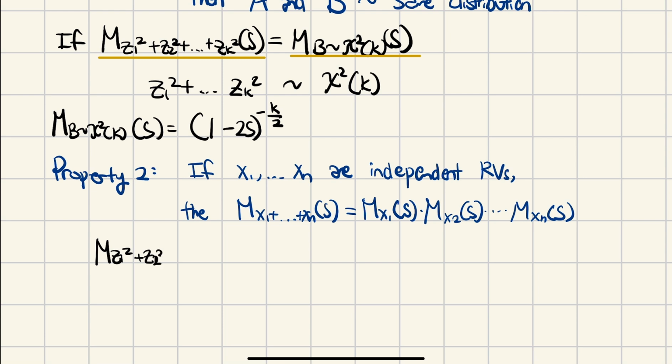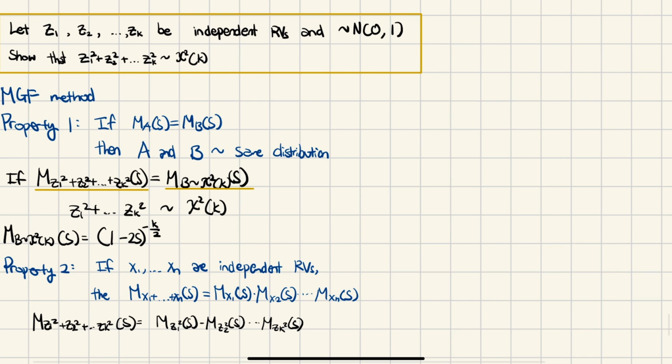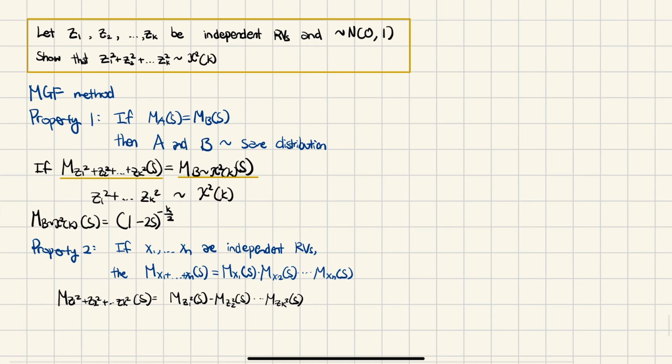moment generating function of z1 squared added up all the way to zk squared, because that would just be the moment generating function of z1 squared multiplied by the moment generating function of z2 squared, etc. From the prompt, we already know that z1, z2, all the way to zk are independent random variables.